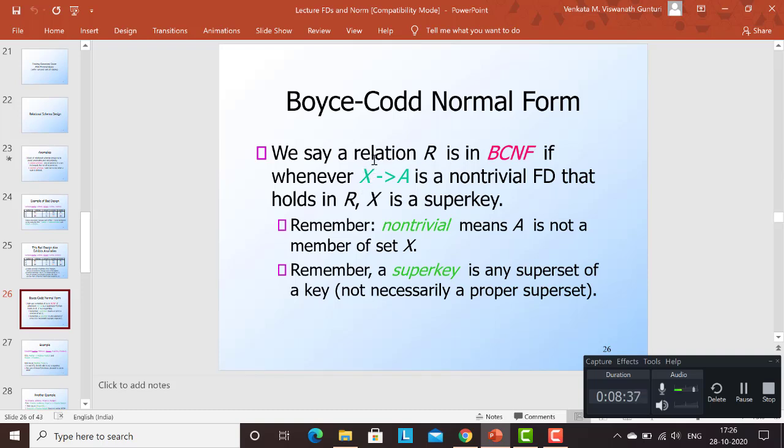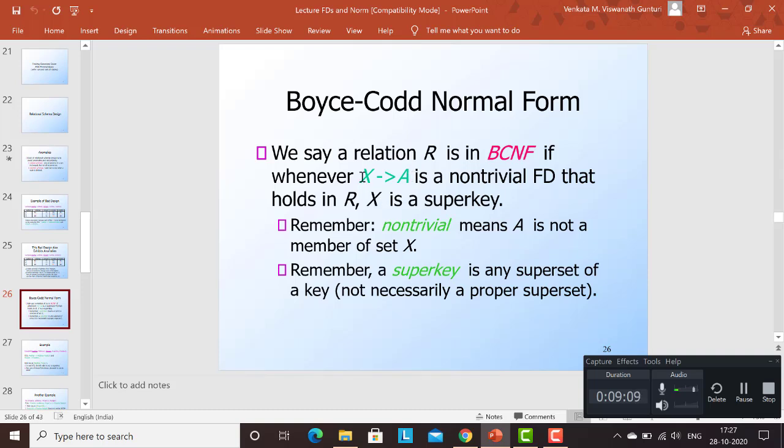Whenever I write X, Y, or Z, those are sets of attributes, and A is a singleton. Whenever X implies A exists in my relation R, then X has to be a super key, and this FD should not be a trivial FD, in the sense that A should not be a subset of X.